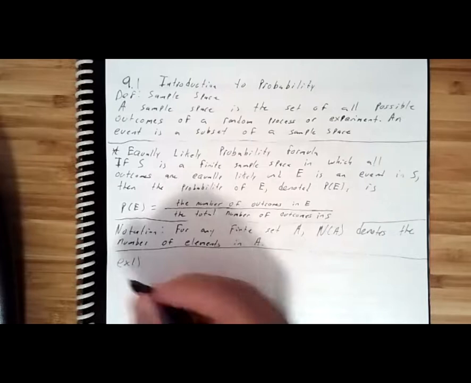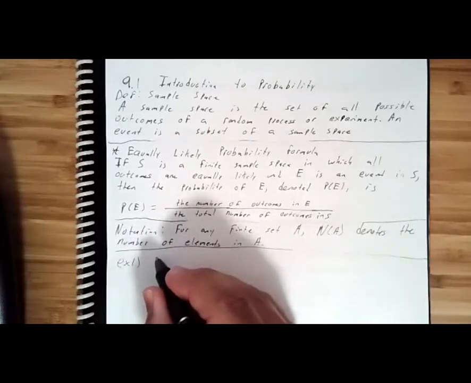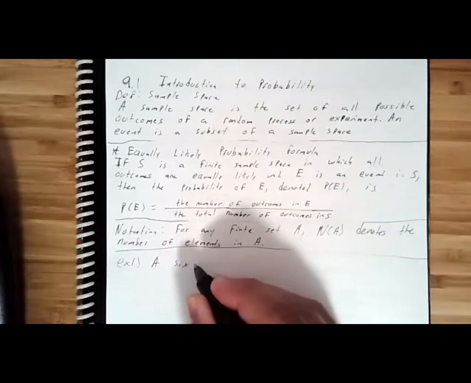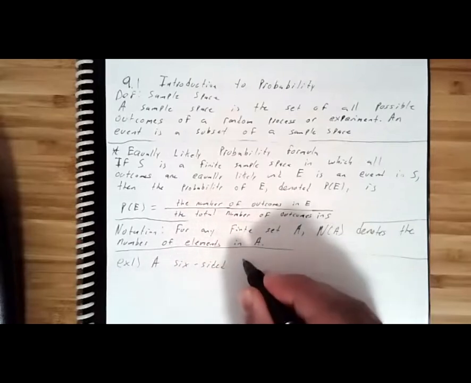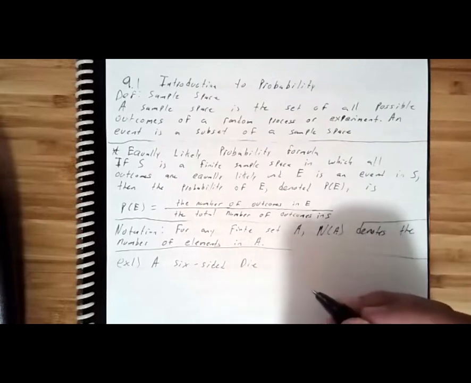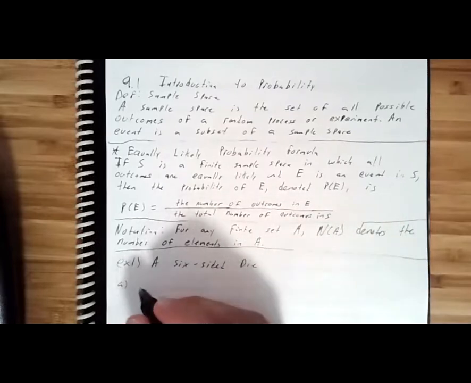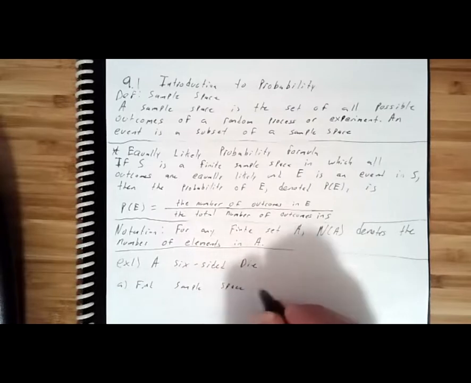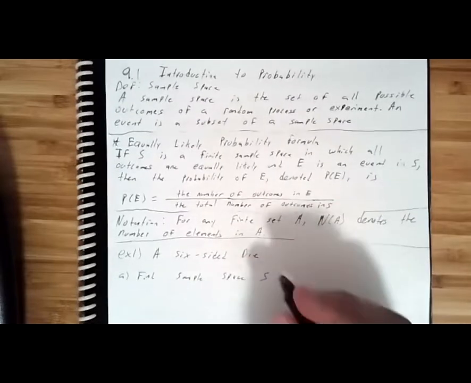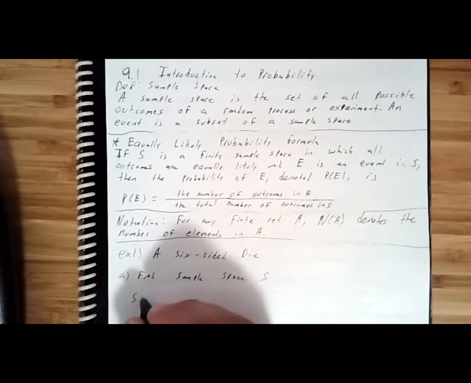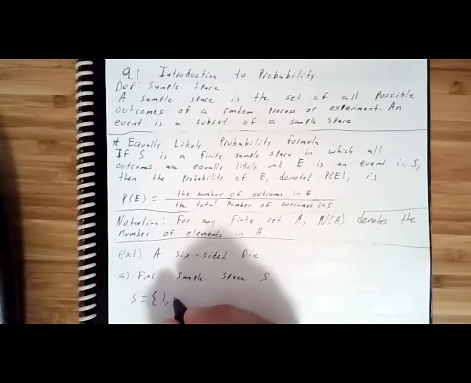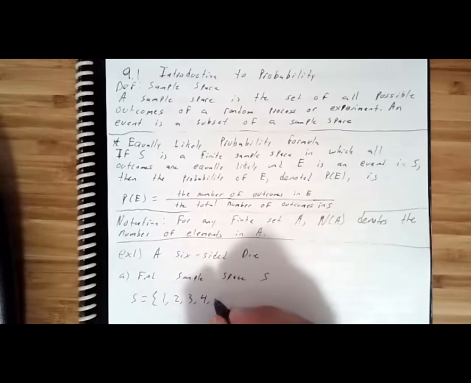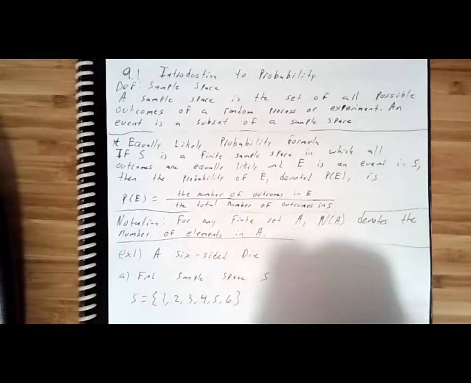For example, a six-sided die. Part A, find the sample space S, just so you understand what it is. S will be equal to all the numbers that can come out on a single die, right?